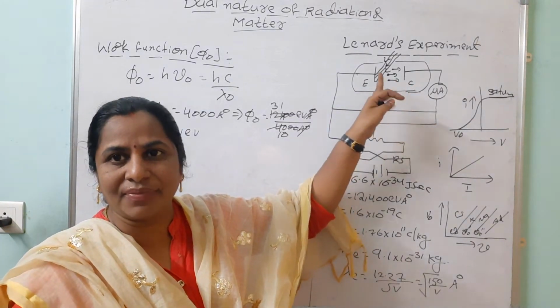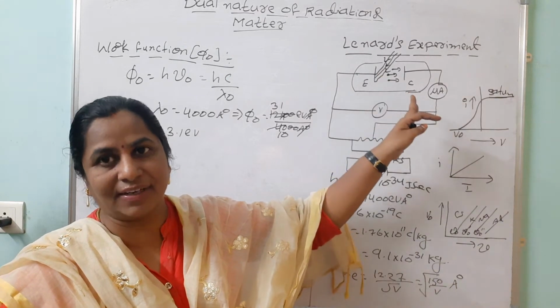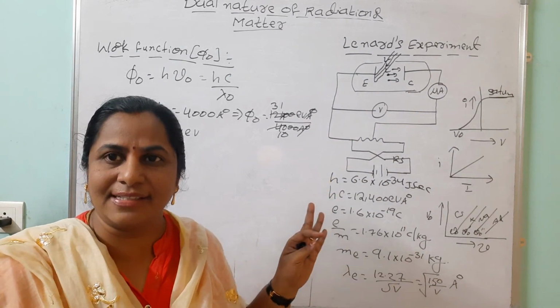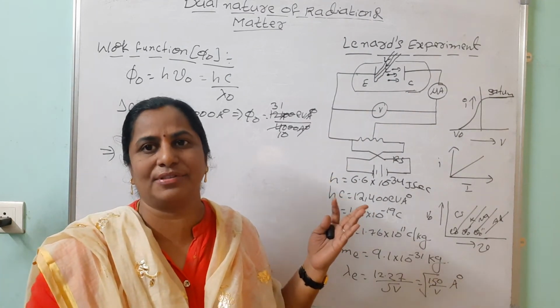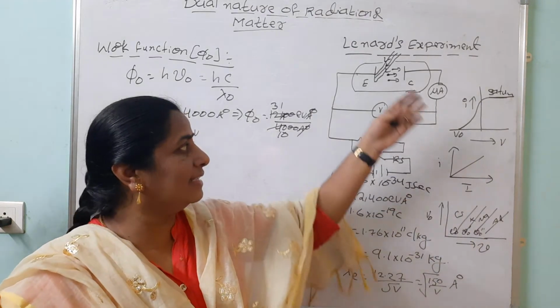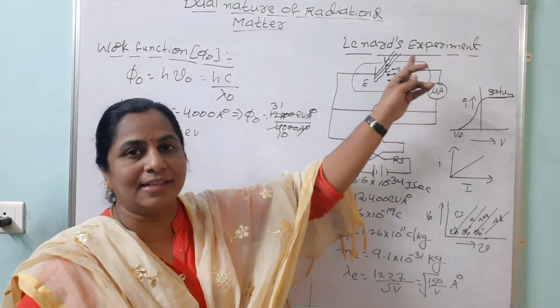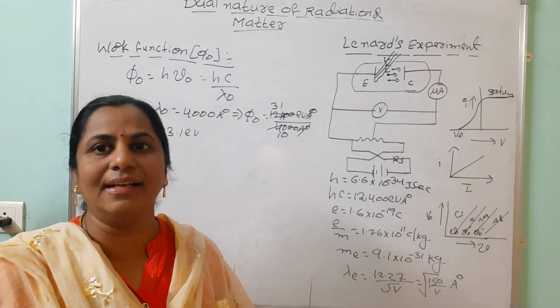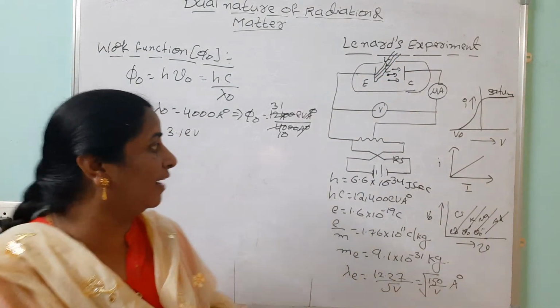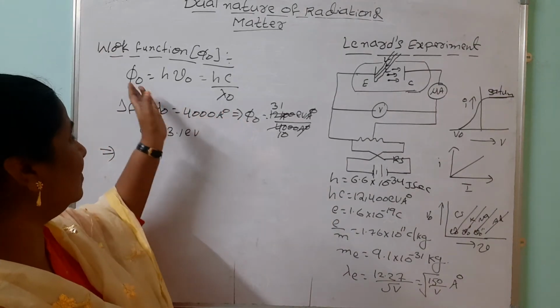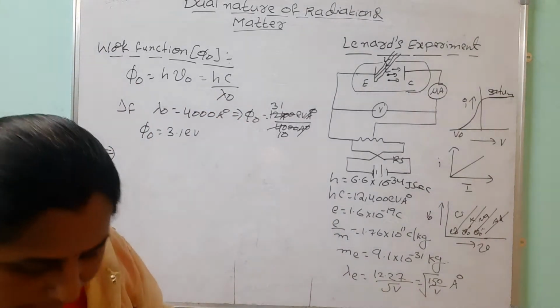Less frequency, less kinetic energy. So it is affecting the kinetic energy. So you can say that frequency is directly proportional to the kinetic energy. Like this is the study of the photoelectric effect. It was discovered by Lenard. That's why this is called Lenard's experiment. And from this, finally we got one expression, that is the work function, hc by lambda naught.